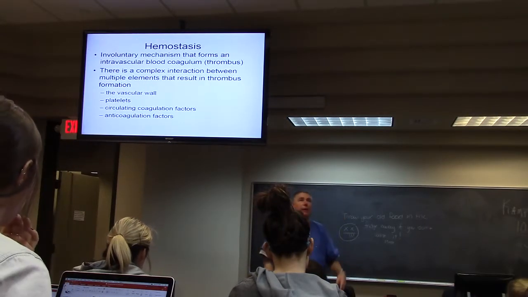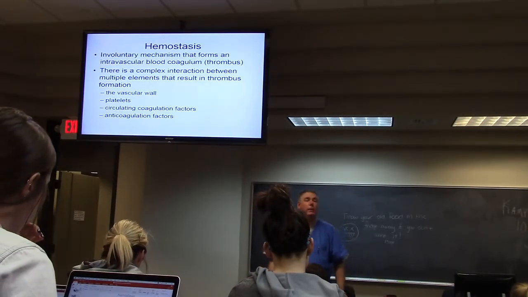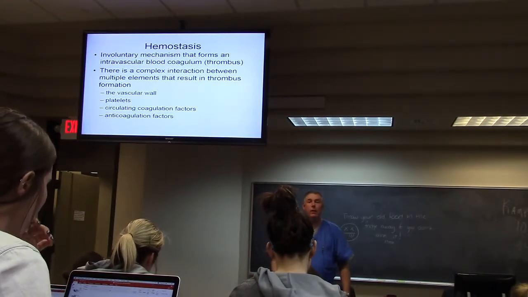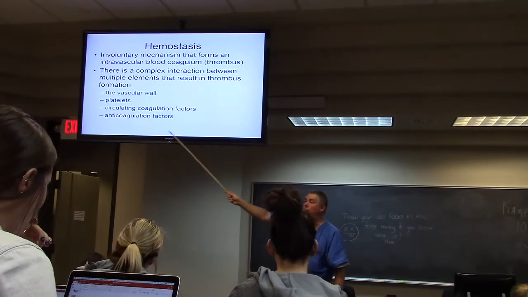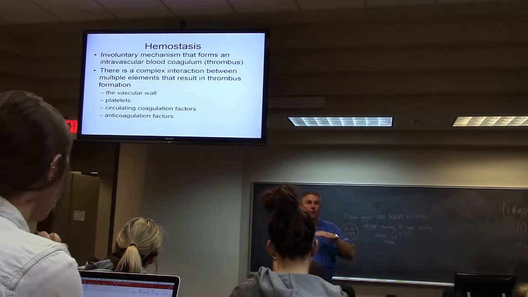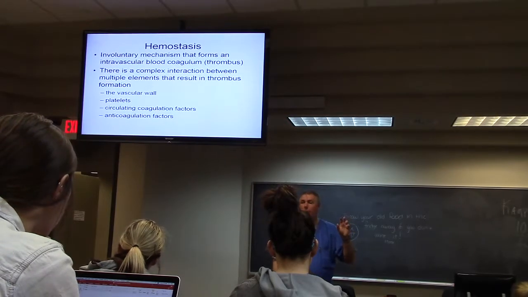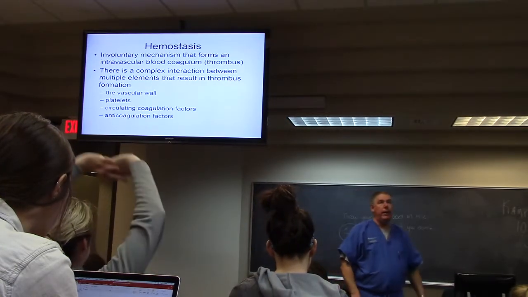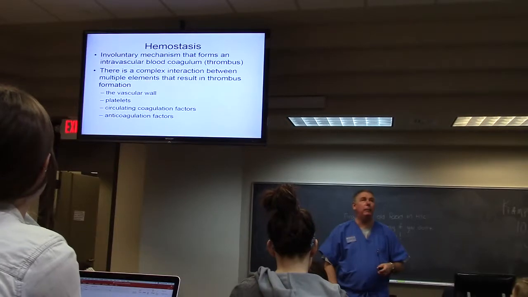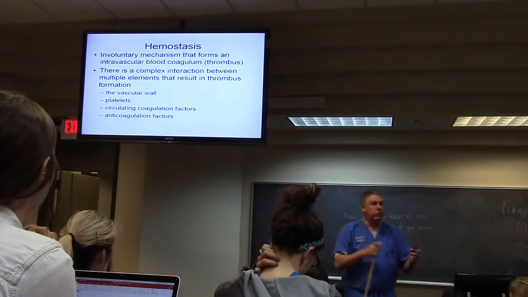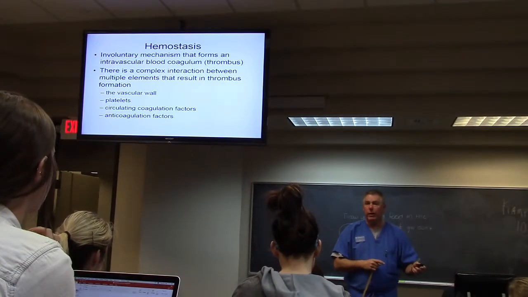Right. Hemostasis, let's talk about blood clotting to start with, and the formation of the coagulum. The thing about it is you have this very complex interrelationship between the endothelium, the platelets themselves, and all sorts of circulating enzyme or inactive enzymes and even anticoagulation factors, because as soon as you form a clot, you want to start getting rid of it.